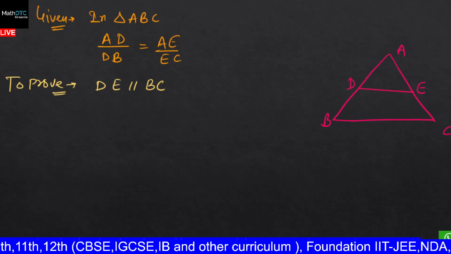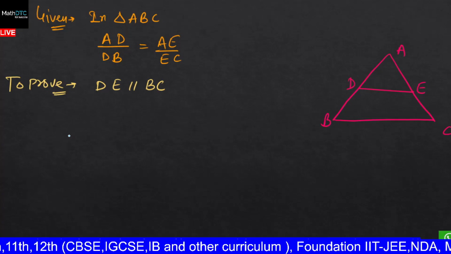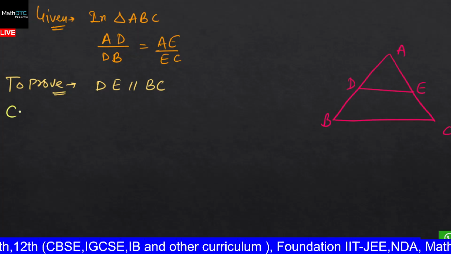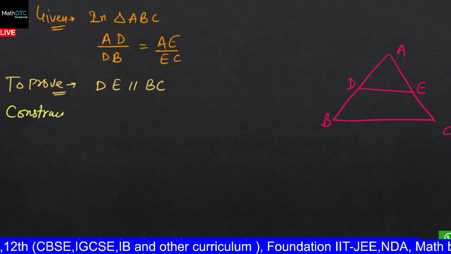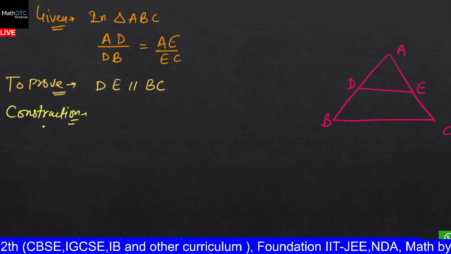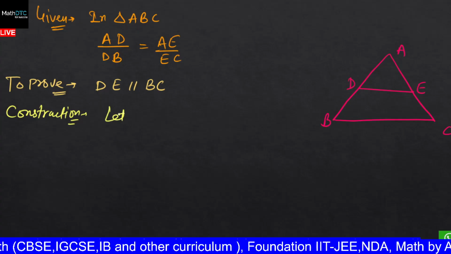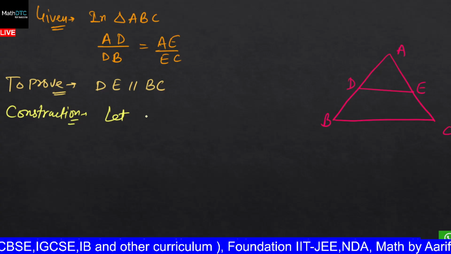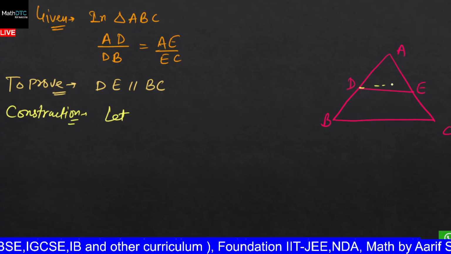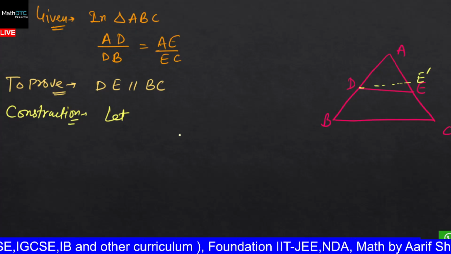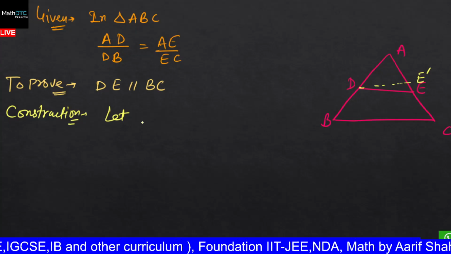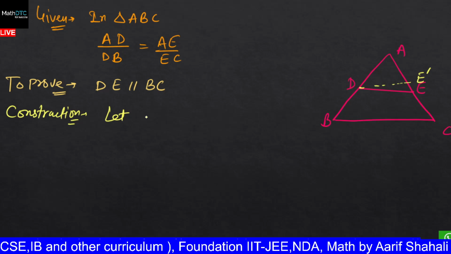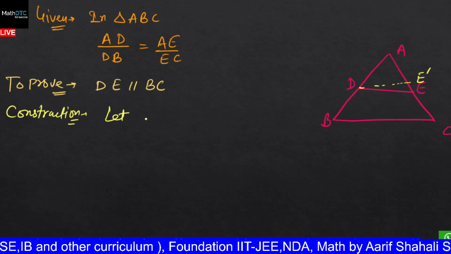Now we are going to the construction. What is the construction? Let us assume a point E dash on AC. It's not about the perpendicular, just a point.